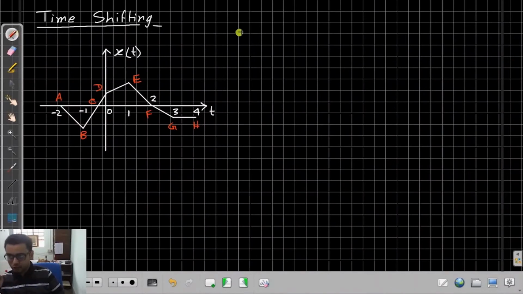And now let us define a new function, say yt is equal to x of t minus 1. How will this look like?